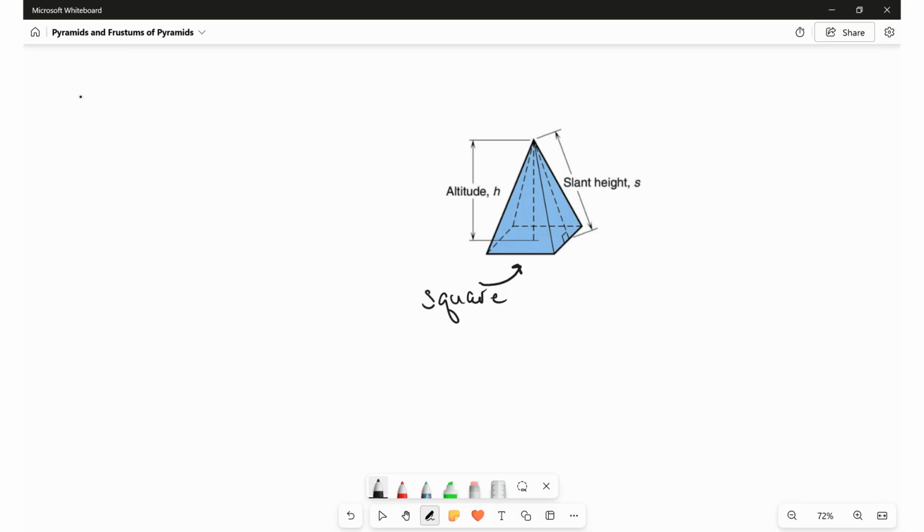So, for pyramids, to find our lateral surface area, remember that surface area is exactly what it says, the area of the surface. Well, each one of these surfaces is a triangle. In this case, we have four triangles.